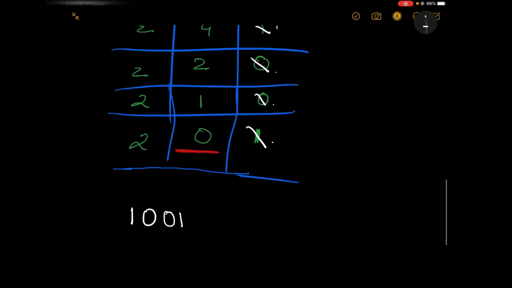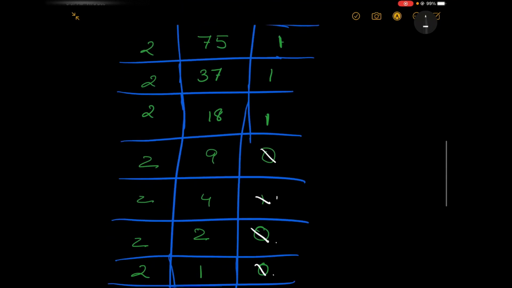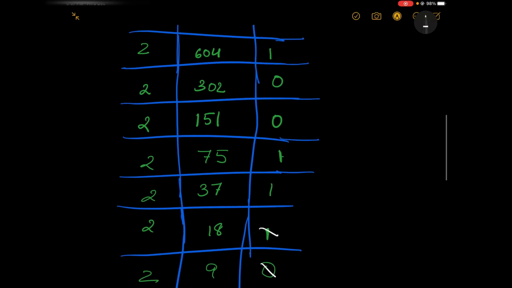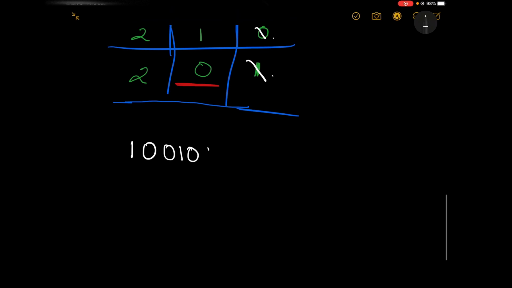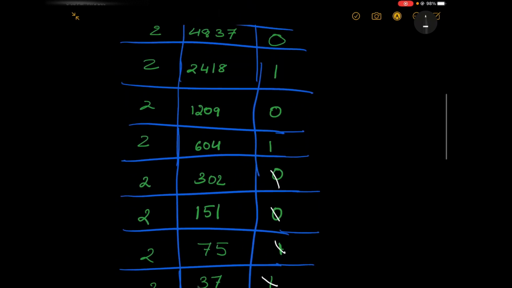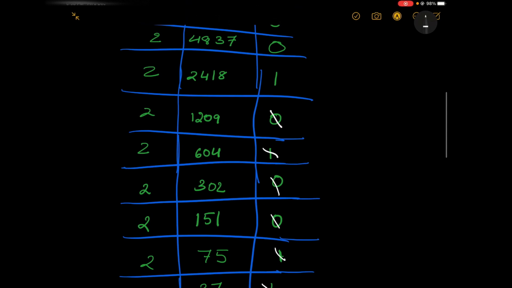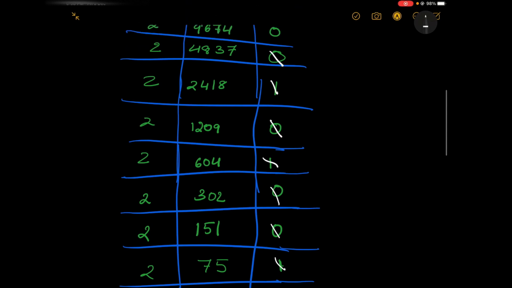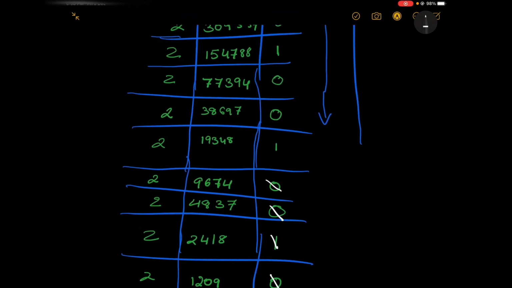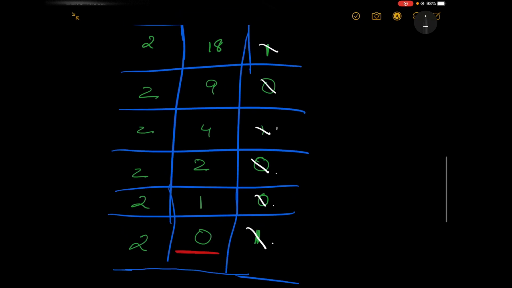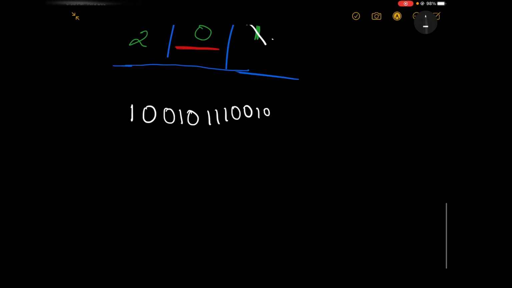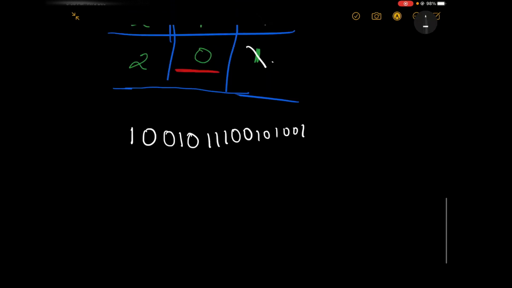Now again it's 0. And here we have 1 1 1 0 0. So we will write here 1 1 1 0 0. Now above there we have 1 0 1 0 1 0 1 0 0 1, 1 0 1 0 0 1.